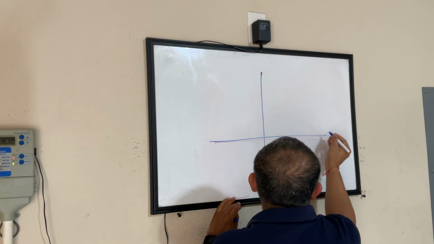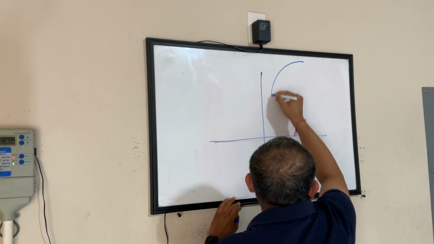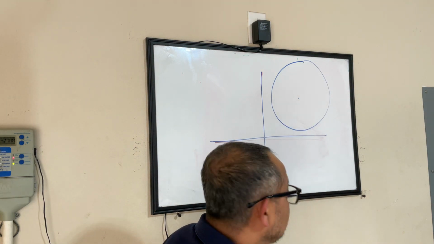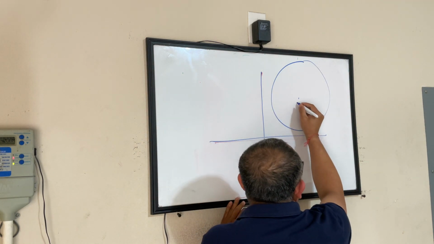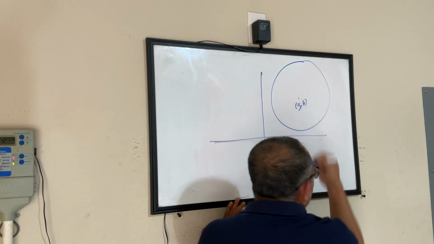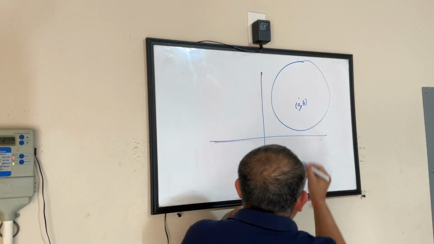The blue one. And I'm saying this is my center, and this is the circle. This is the center of the circle, okay? Let's say this point's coordinates are A comma B. What does it mean?